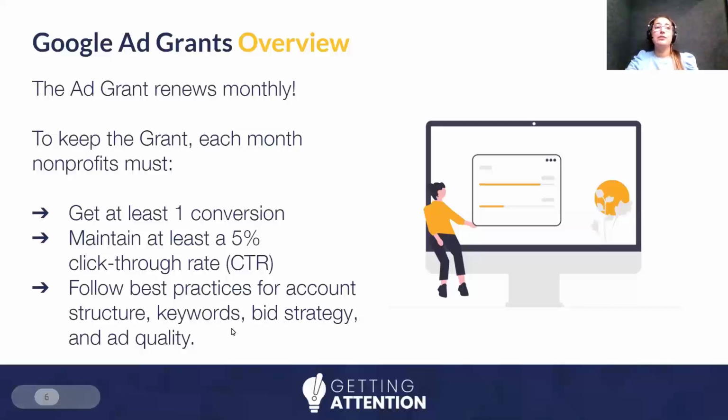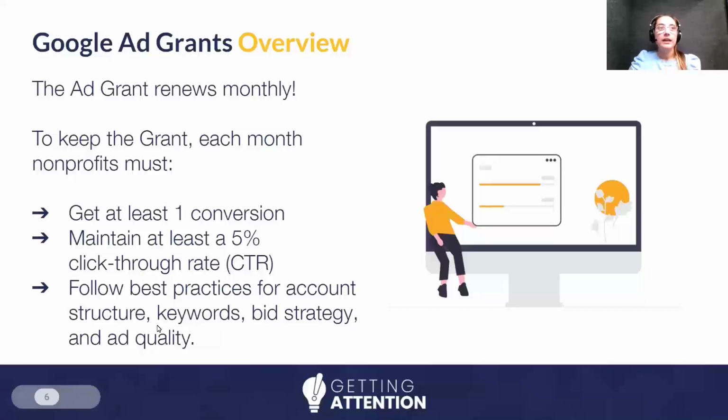And then the other thing, which is very broad, we could talk about it more maybe in the Q&A section if people have questions, but there are some best practices for account structure, for keywords, especially keyword quality, for the bid strategy you should use, for the ad quality. None of these are quite at the same level, I will say, as one conversion and 5% CTR, in the sense that these just pop up occasionally, and they're usually very quick to resolve.